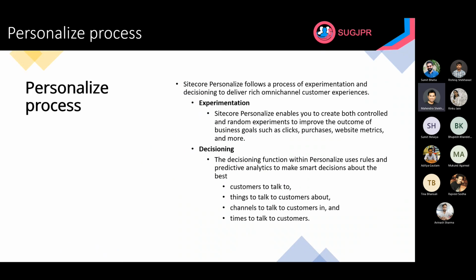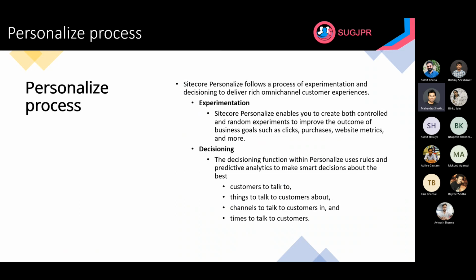We'll talk about the personalization process here. It follows a process of experimentation and decisioning to deliver a rich omnichannel customer experience. Experimentation is where Sitecore Personalize enables you to create both controlled and random experiments to improve the outcome of your business goals, such as clicks, purchases, and web metrics and more.